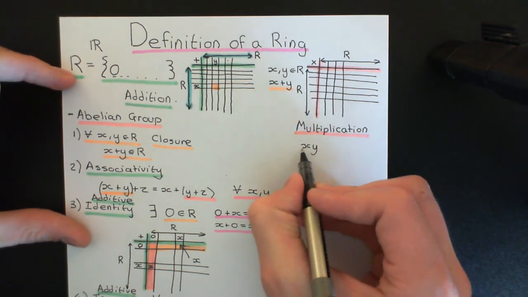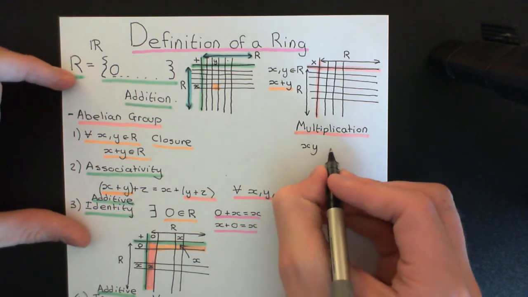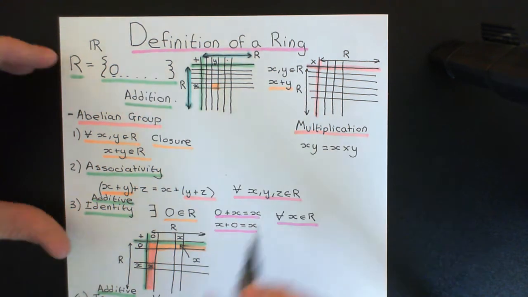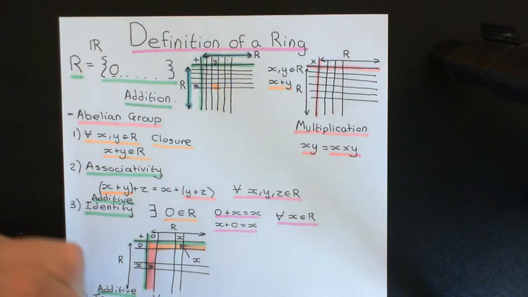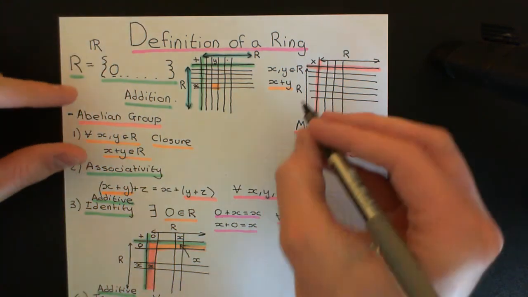Often when we mean multiplication, we just write the two elements next to one another like so. Occasionally you can stick in the actual multiplication symbol there, but it's more conventional just to write them next to each other.